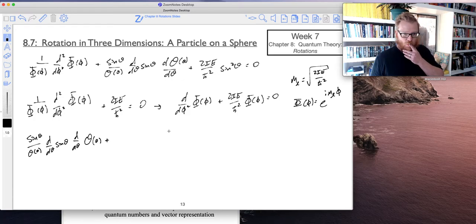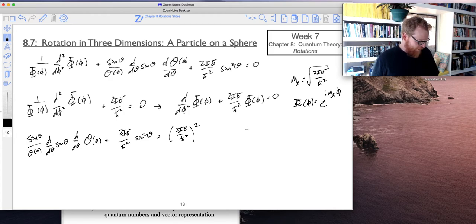And then also what happens is, oh my gosh, I'm failing at what I did here. Well, I'll write down what I have in my notes. I've got a 2ie over h bar squared times sine squared of theta equals all of these constants, 2ie over h bar squared, all squared. And why did I do all that? I think I did that to factor out that sine squared of theta from this phi.